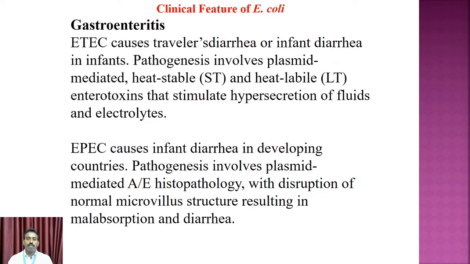So clinical features of E. coli. Gastroenteritis: enterotoxigenic E. coli causes traveler's diarrhea, or diarrhea in infants. The pathogenesis involves plasmid mediated, heat stable and heat labile enterotoxins that stimulate the hypersecretion of fluids and electrolytes.